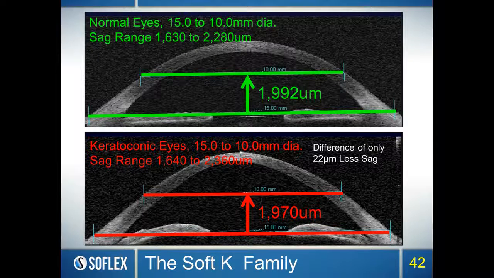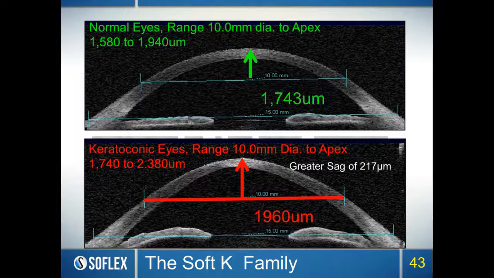In this picture we can see that no matter what type of cornea, keratoconic or not keratoconic, the sag between 15 mm and 10 mm is about the same in both eyes.